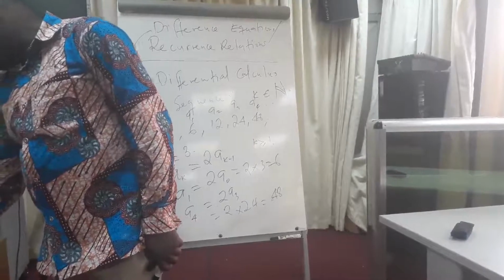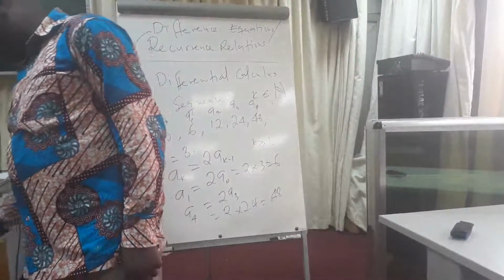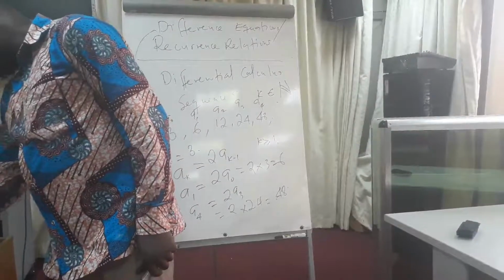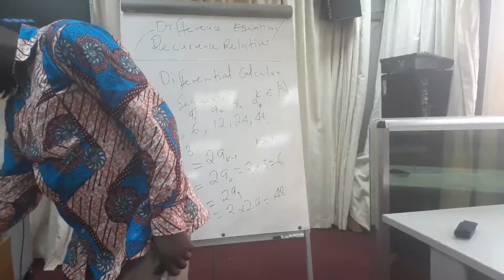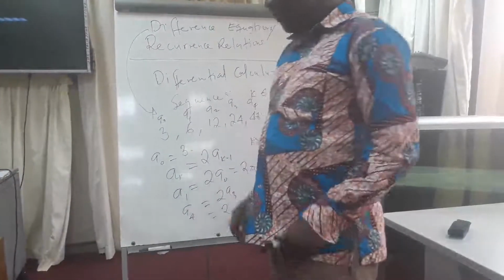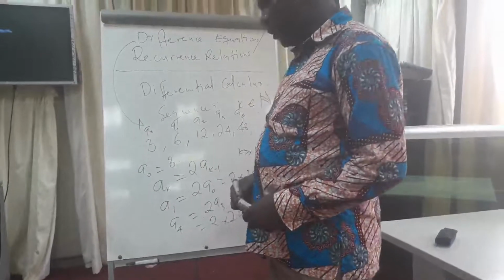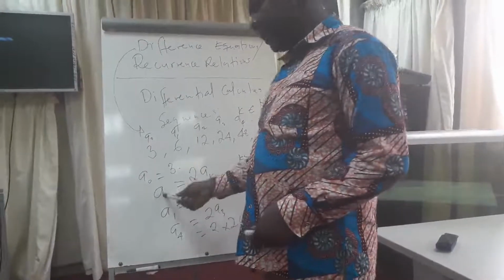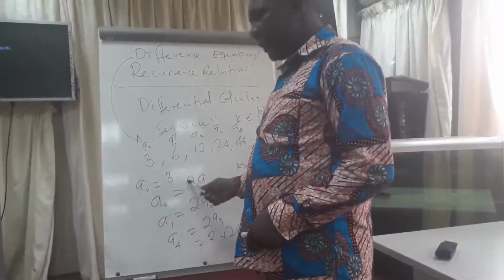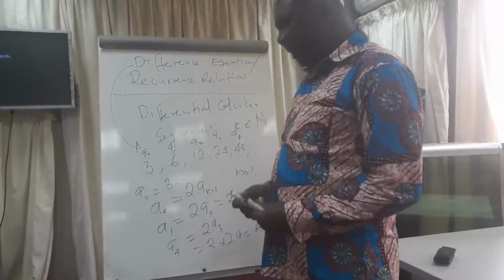And all this, you can find in the references that you have been given. So let's look at the following remarks. The following remarks about the above example are in order. So we have the equation a_k is equal to 2a_{k-1}, or we can rewrite it in another form.